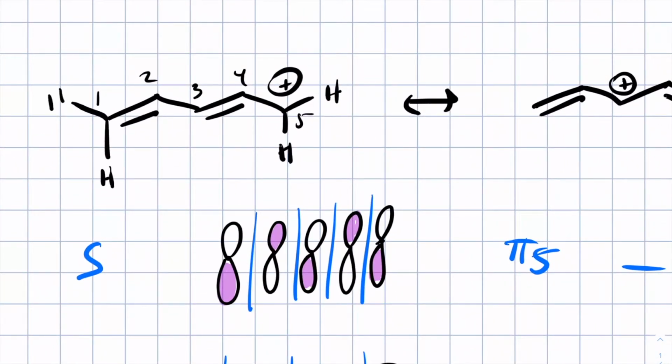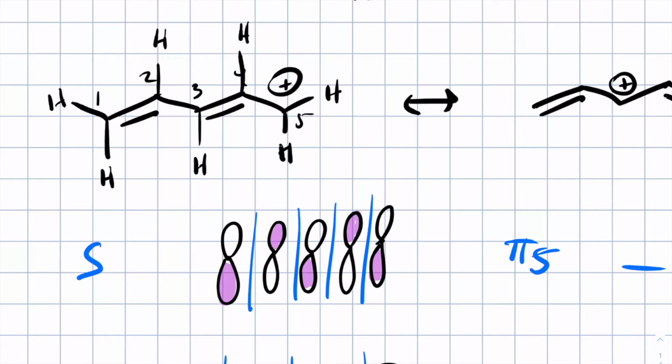Just for clarity's sake, I'm going to draw the hydrogens that are implied but not shown. We've got 1, 2, 3, 4, 5, 6, 7 carbon-hydrogen bonds, so that's 14 electrons in CH bonds.